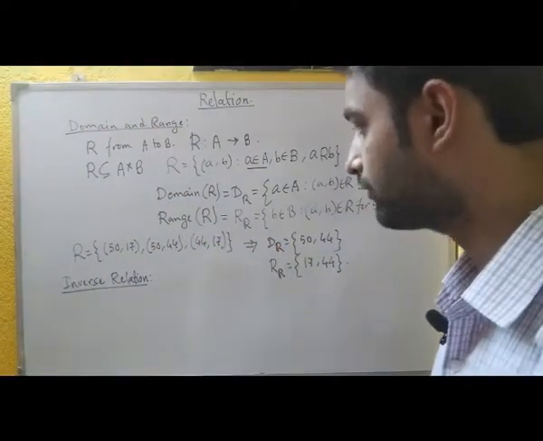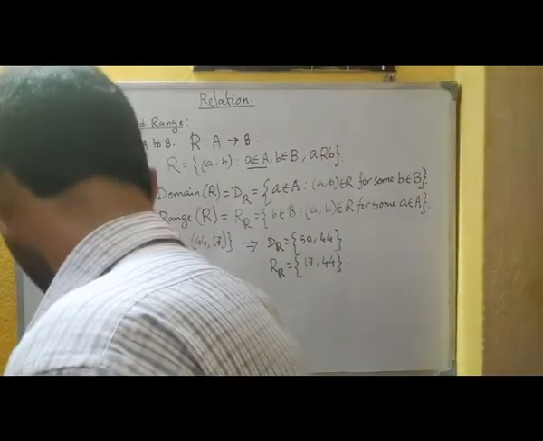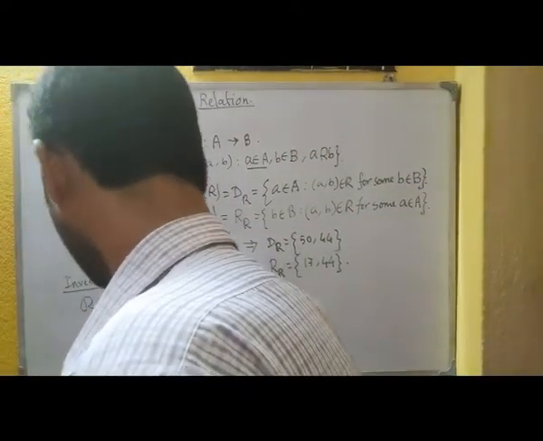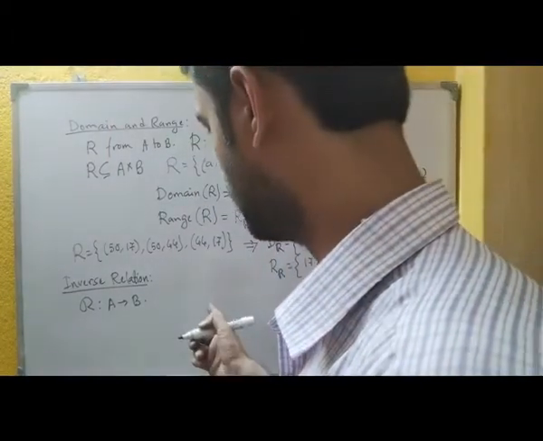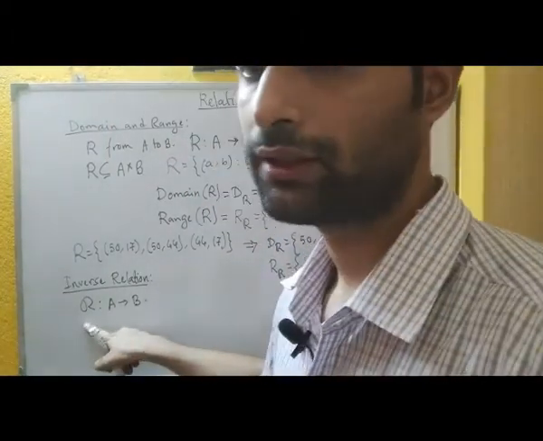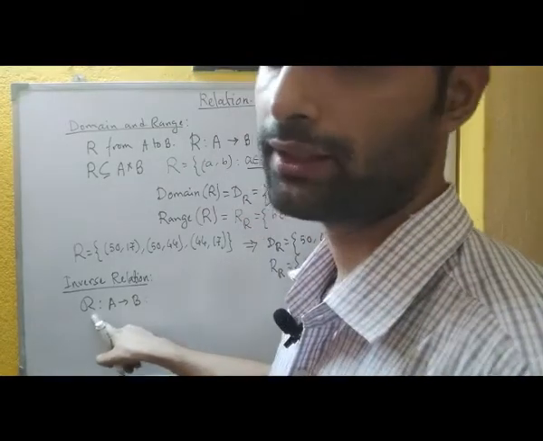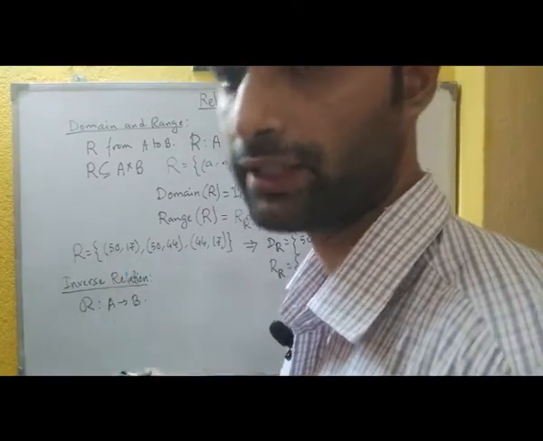So what was the inverse relation? We are considering R as a relation from A to B. The relation in this situation that connects B to A is called the inverse relation.